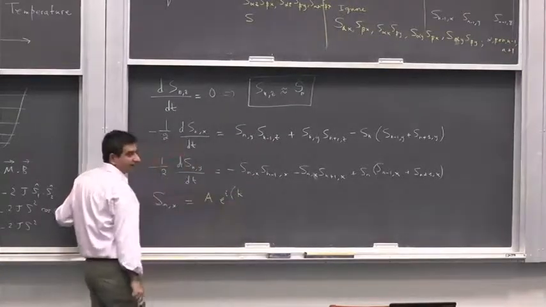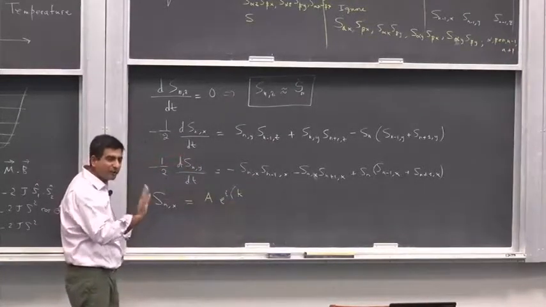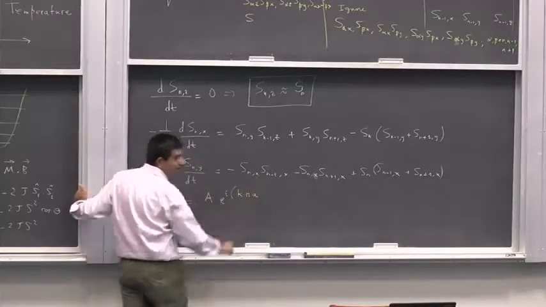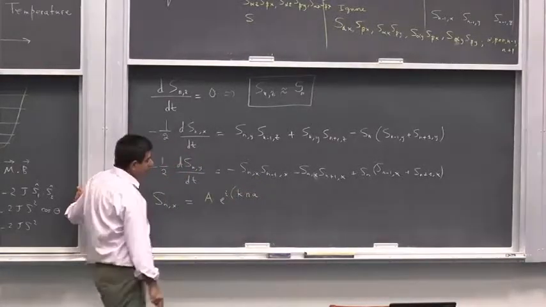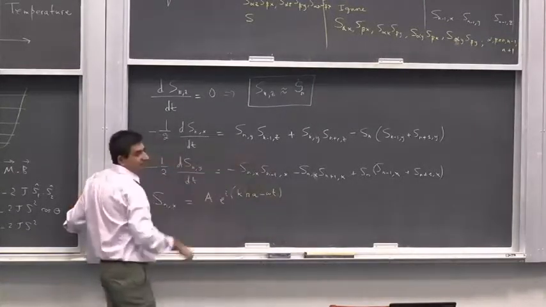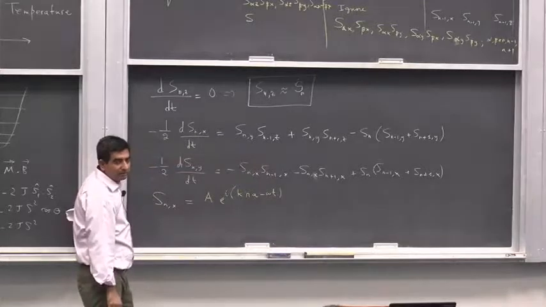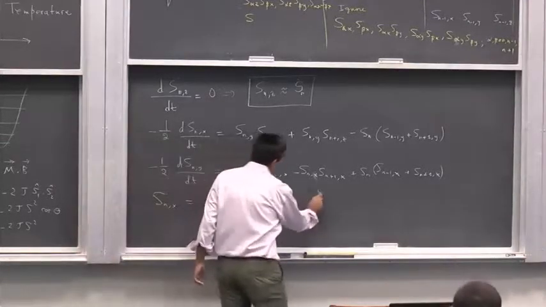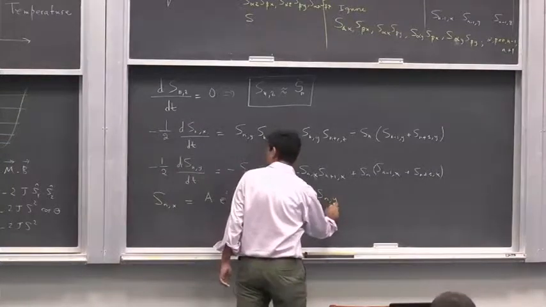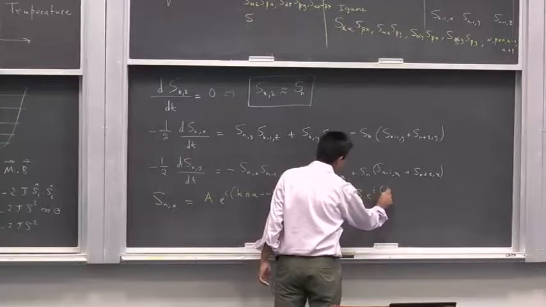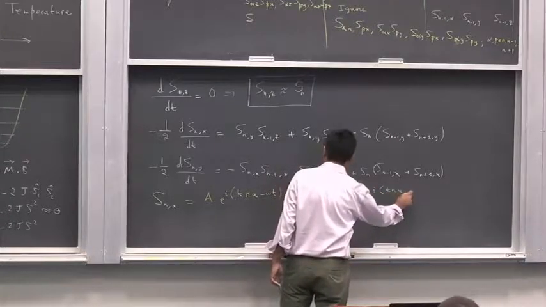Since it's a discrete lattice, the spins only exist at discrete points on the lattice, for the space variable at n times a, minus some frequency omega t. Now this is a traveling wave. Likewise, I can define the trial solution Sny as some b e to the i(kna minus omega t).